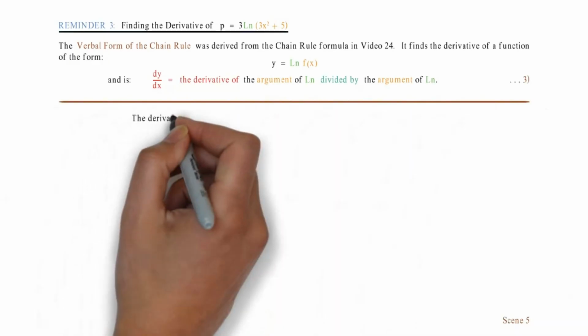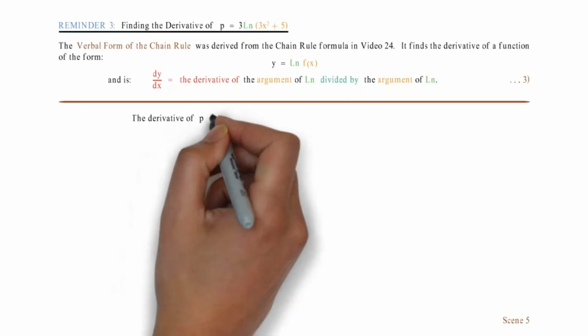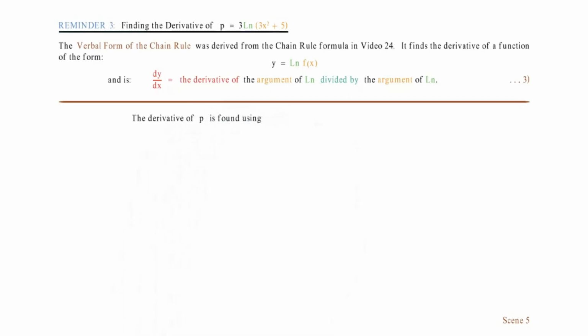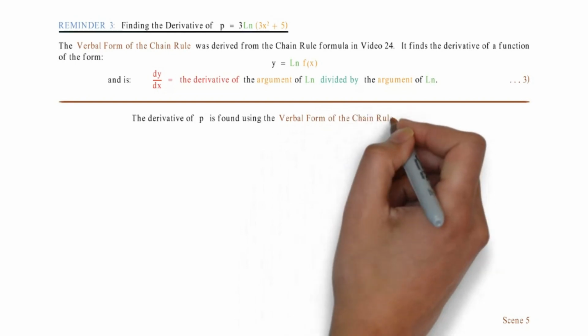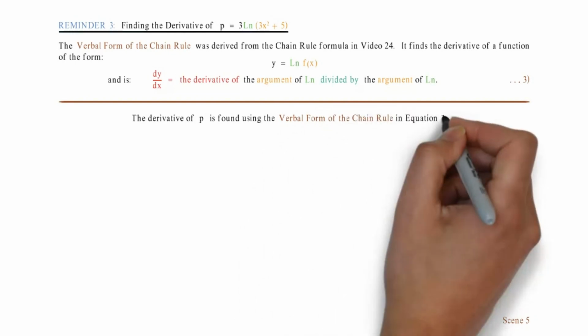The derivative of p is found using the verbal form of the chain rule in equation 3.